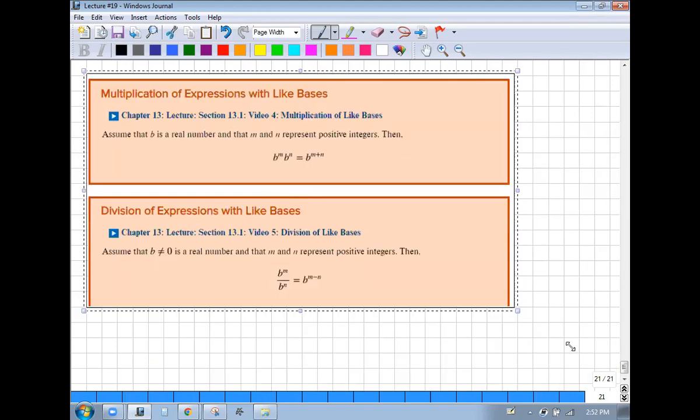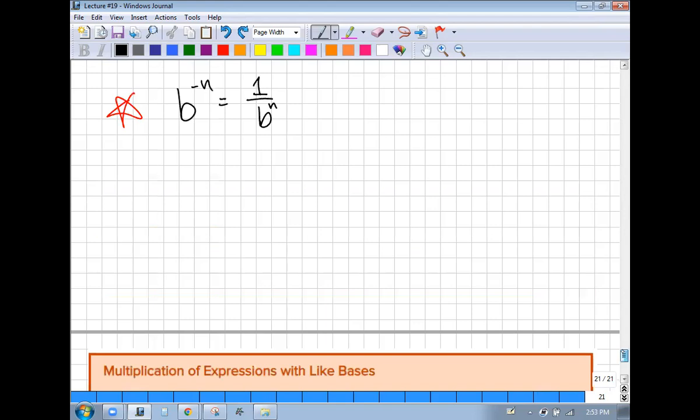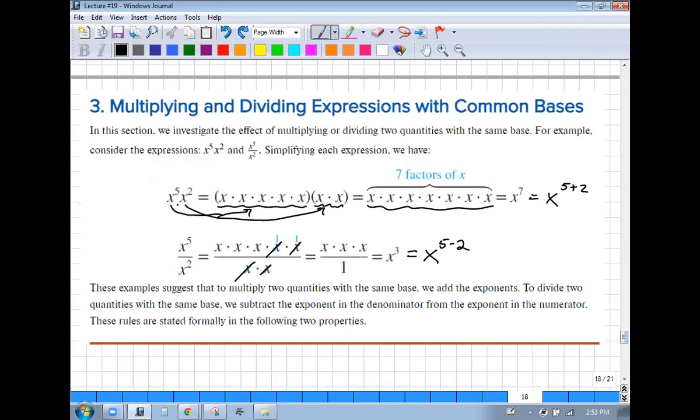So assume that b is a number and that m and n are positive integers. This is the first rule I gave you, the second rule I gave you. If you have b to the m times b to the n, this is b to the m plus n. That's what we just looked at right here. Something to something times the same thing to the something, you just add the exponents.